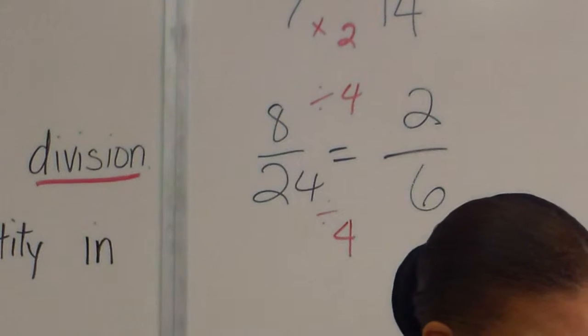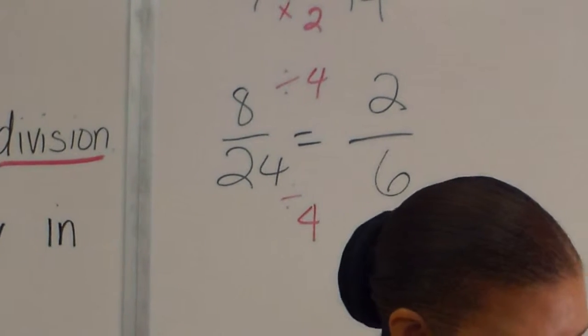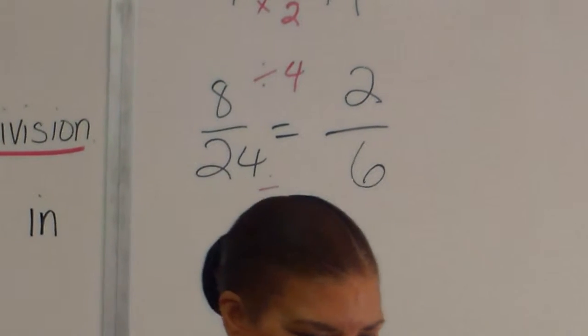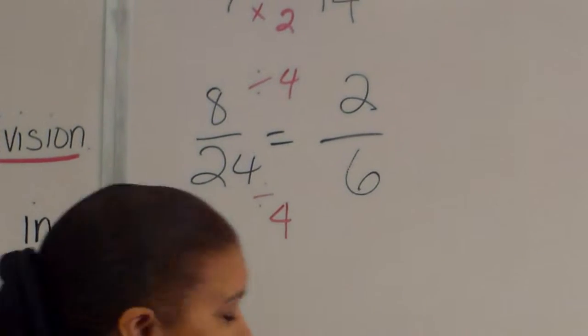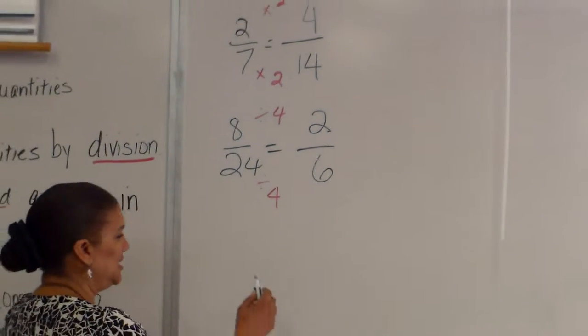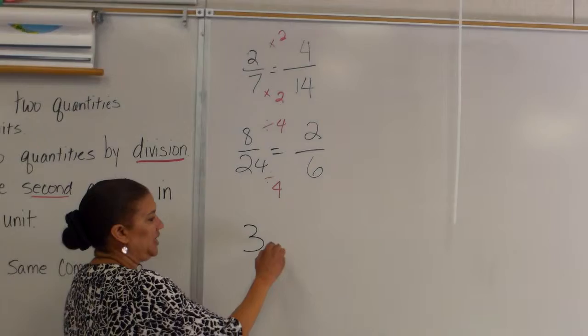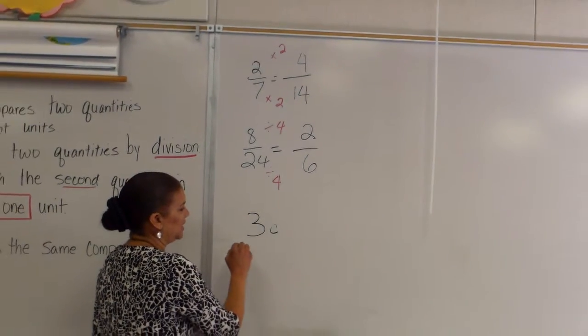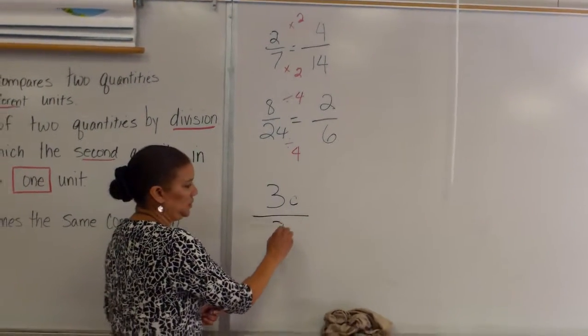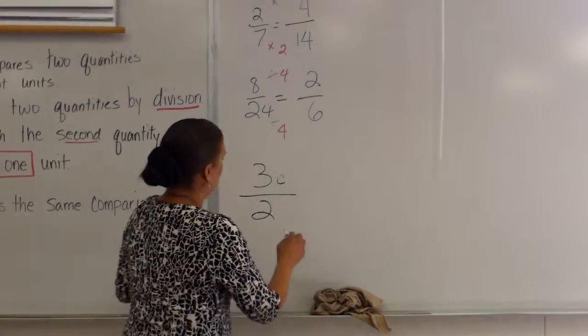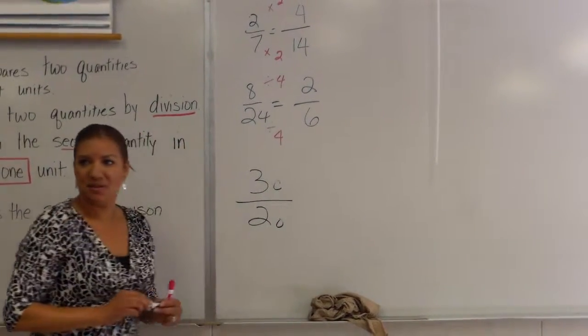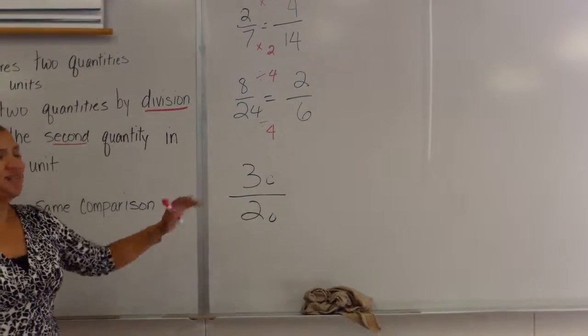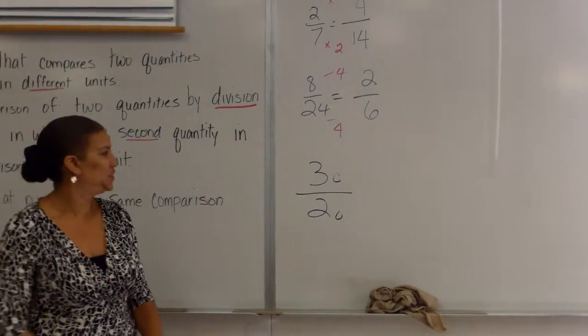Let's say we're making punch this time. We are making punch for a birthday party. The recipe for the punch is 3 cups of cranberry juice to 2 cups of orange juice. We're going to make 5 cups of punch.